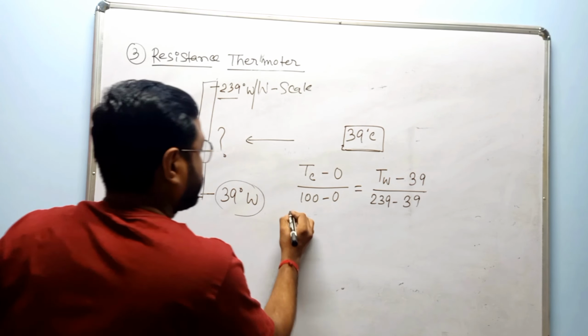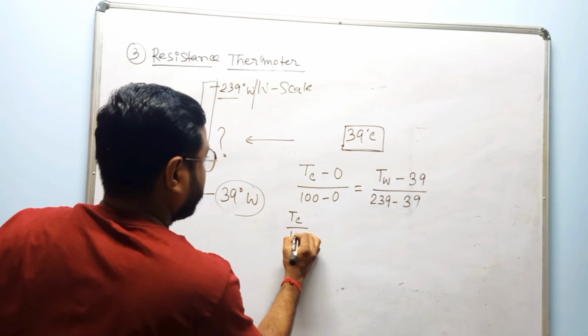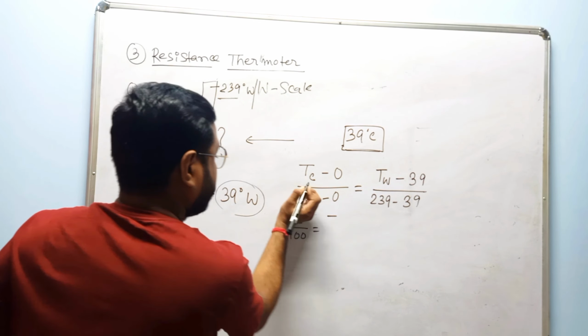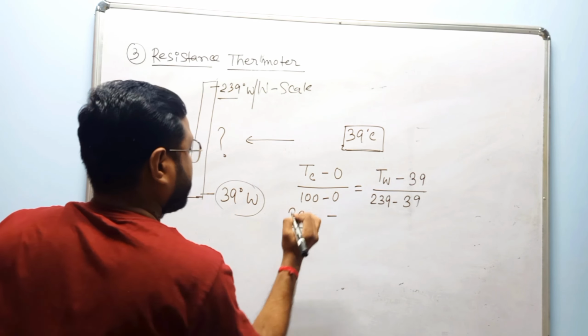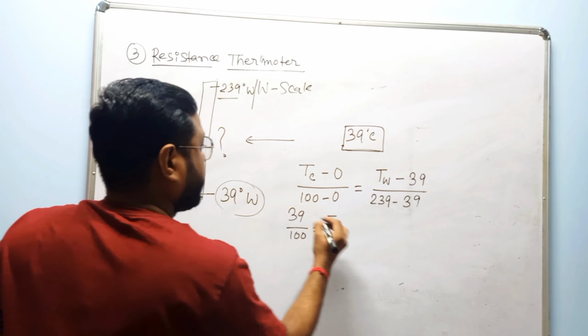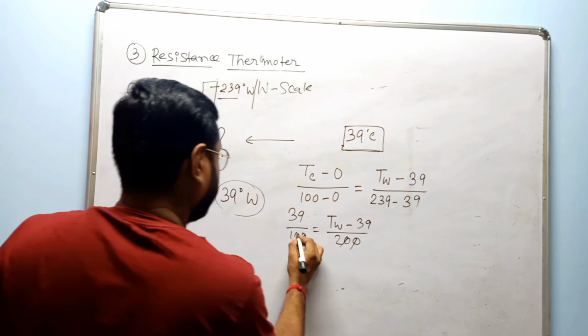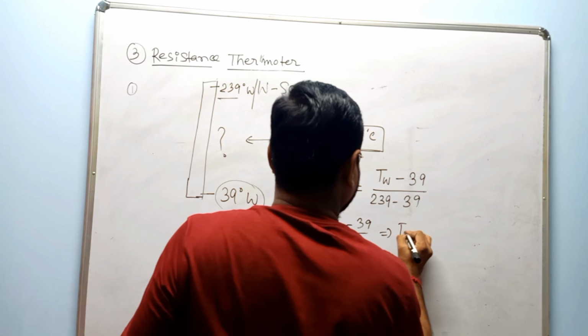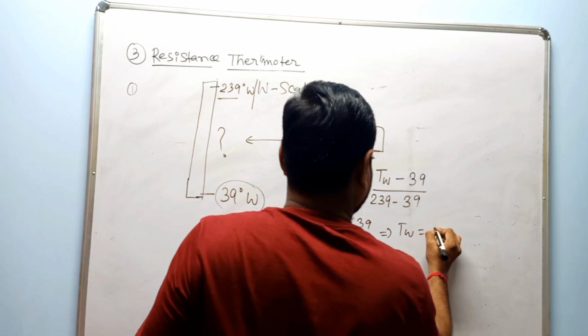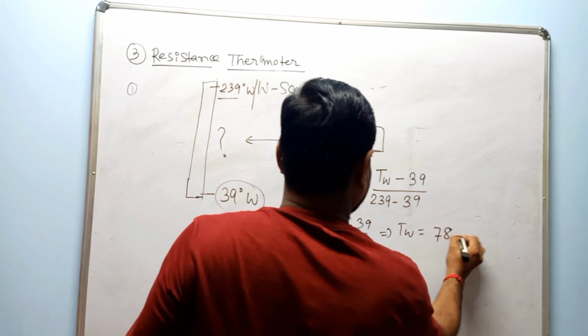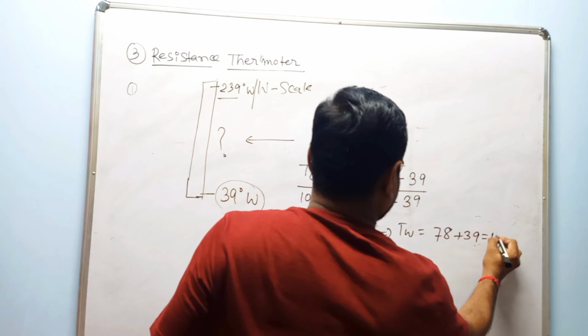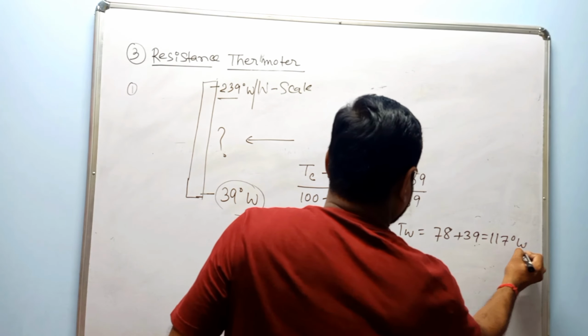So TC by 100, with TC known as 39, equals (TW minus 39) divided by 200. Therefore TW equals 39 into 2, that is 78, plus 39, that is 117 degree W.